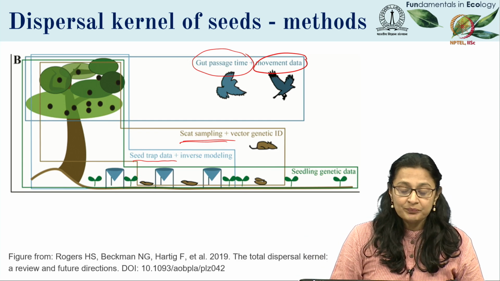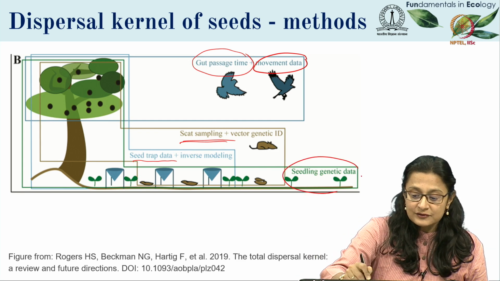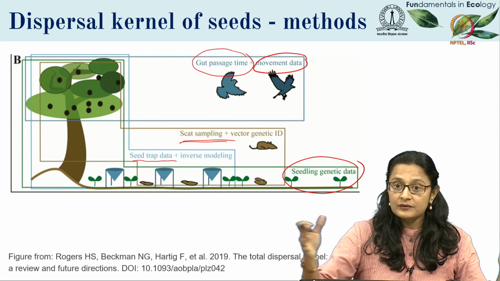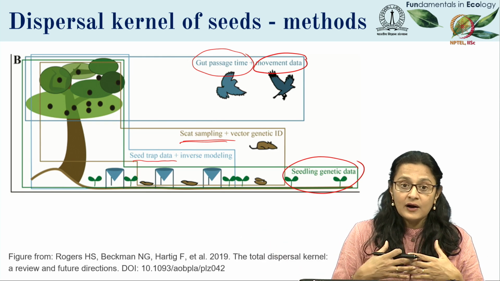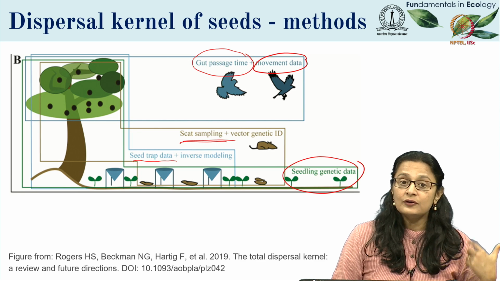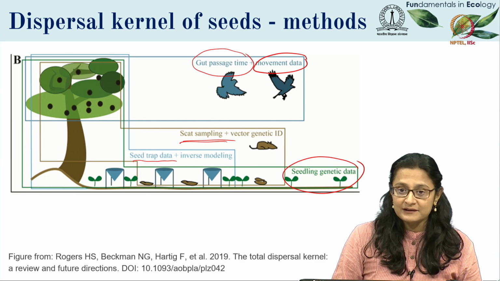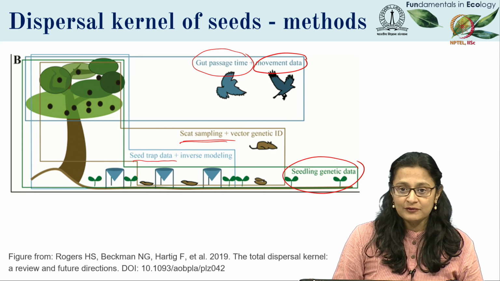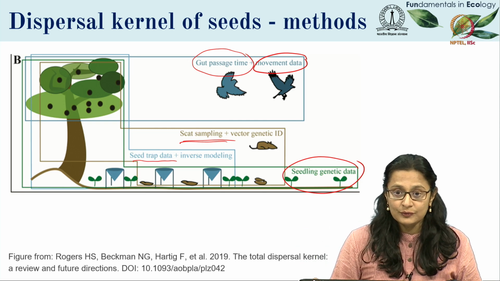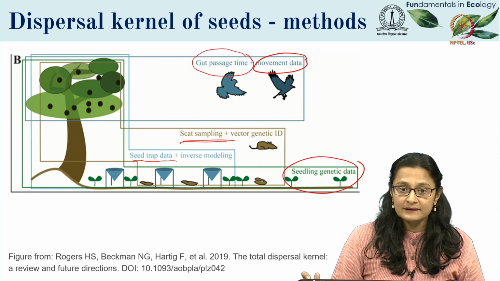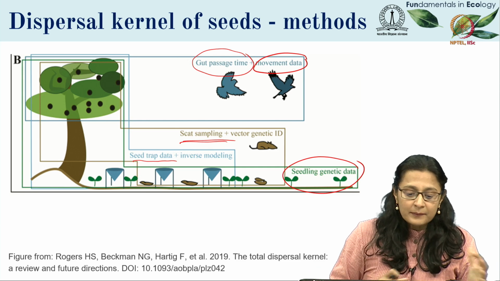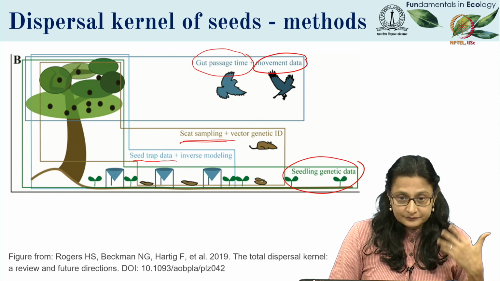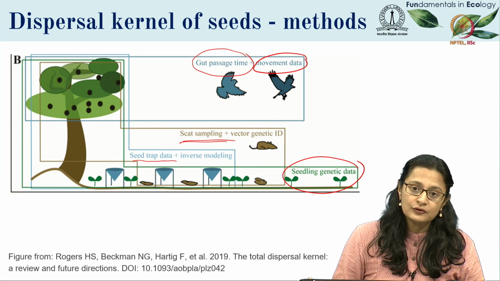And finally, you can genetically analyze seedlings across an area away from a parent tree to see whether those seedlings are related to their parent. And then that will tell you how far the seed has traveled in order for that seedling to grow in that environment. Now, a combination of all these methods is what ecologists use to determine how far seeds go.